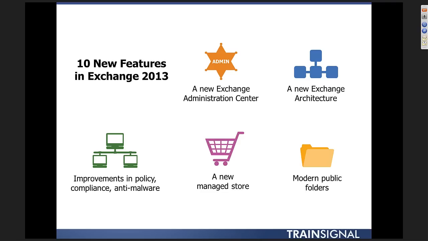Well, the hub transport server's kind of been split down the middle, without getting into the nitty-gritty aspects of it. Pieces of it were shipped over to the client access server side, which makes sense because information is going to be flowing through that. And the other pieces of it were put into the mailbox server role, so that now there's really no more need for a hub transport server role.